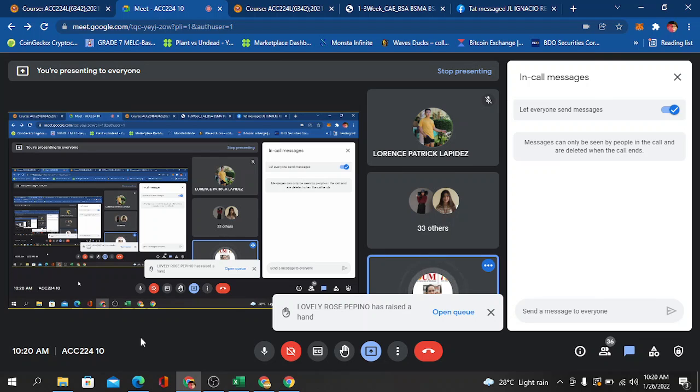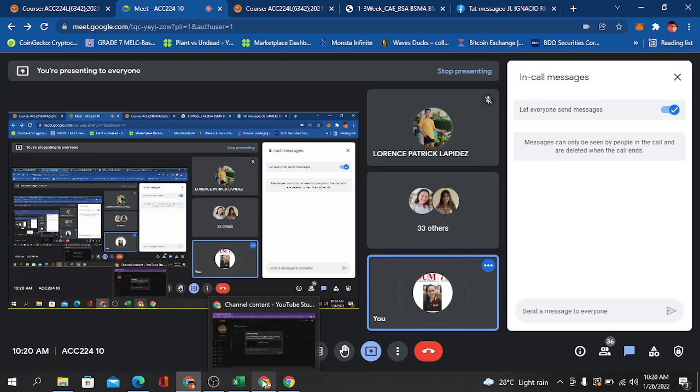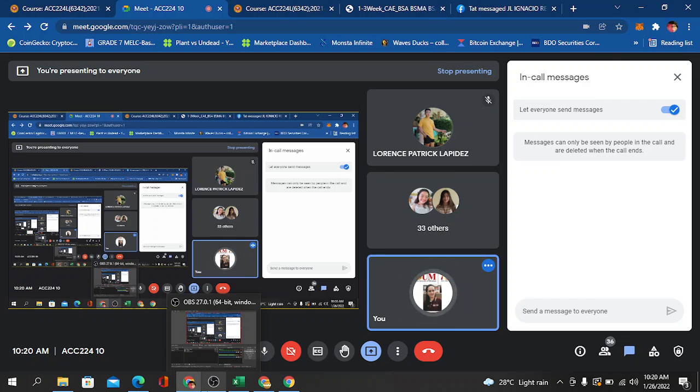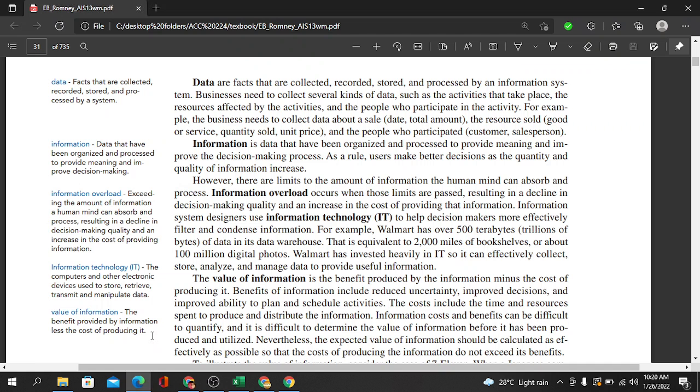Okay. So filter the information, you will only gather those information that are reliable, that are relevant for decision. Pwede kayong mag-chat. So, sa accounting information system, you will only filter those information that is needed for the processing or needed for decision making.